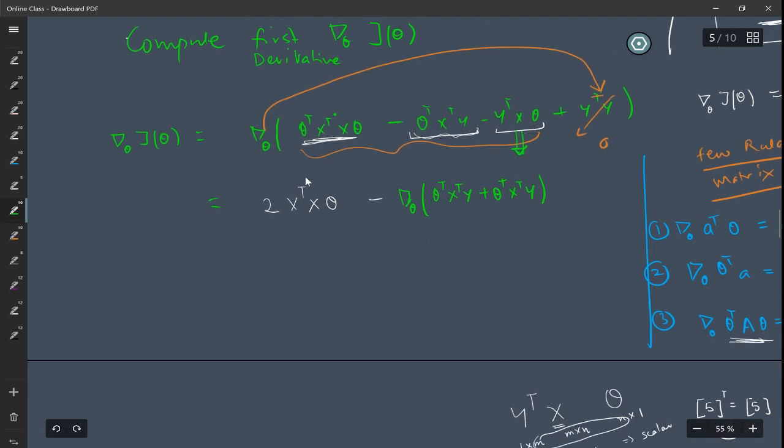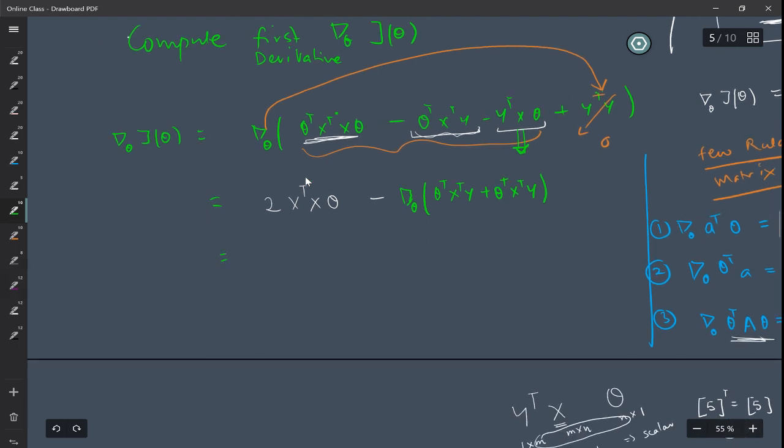So again, let's see what this is. This is 2x transpose x theta minus, these two terms are same, delta theta of 2 into theta transpose x transpose y, right?